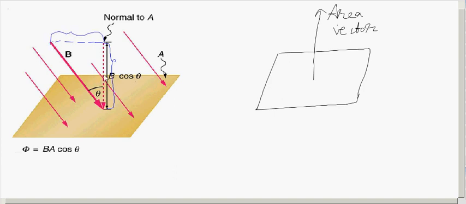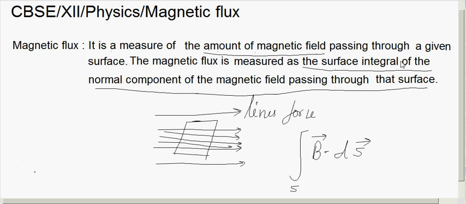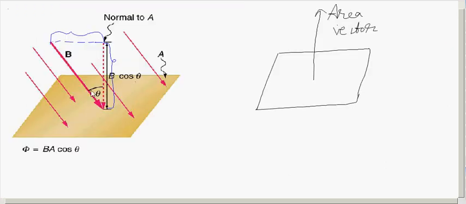So we want only the components which are perpendicular to the area of the given surface. If you have a slanting magnetic field, convert this field into two components, one along the horizontal direction, another along the vertical direction. Now the component along the vertical direction is the component perpendicular to the area of the given surface.